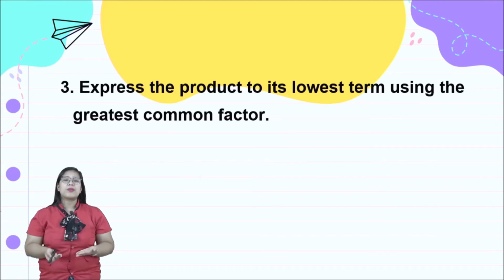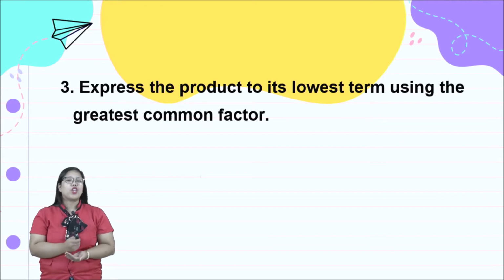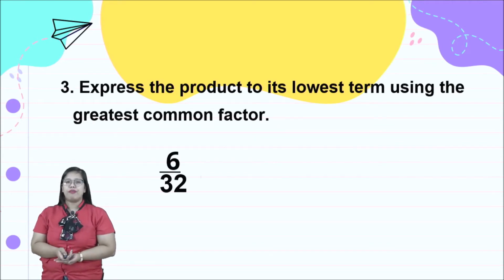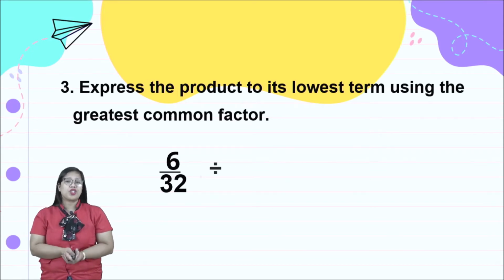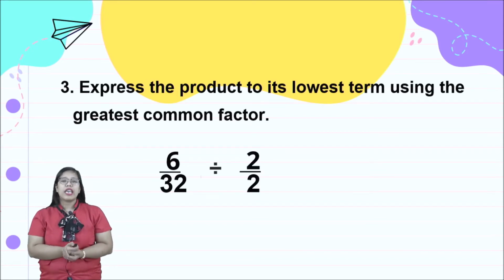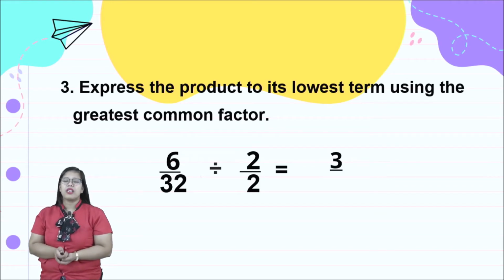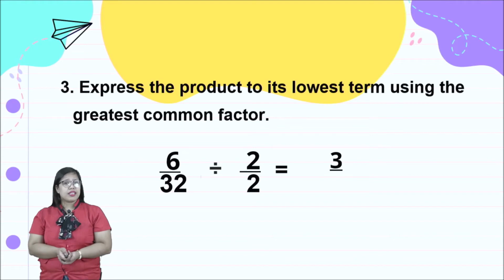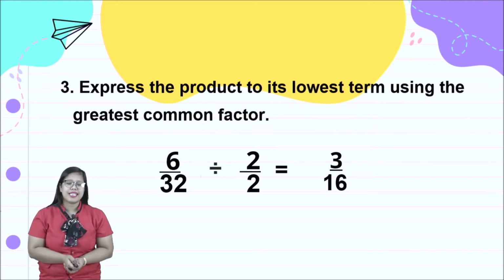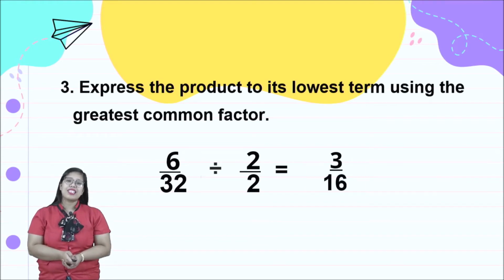Very good. Next we need to express 6 over 32 in lowest term by using the GCF. Do you know what their GCF is? Very good, it's 2. So we divide both by 2. 6 divided by 2 is 3, and 32 divided by 2 is, very good, 16. And our final answer is 3 over 16.